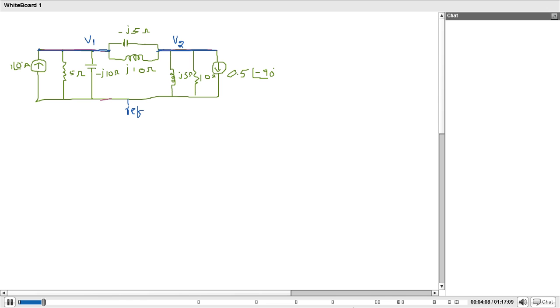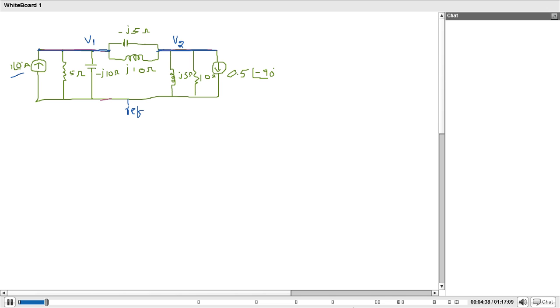One at an angle 0 on the left side, and similarly on the right side 0.5 at an angle of minus 90. For all AC circuits, you have to take one source as the reference, so I am taking 0 degrees as the reference. So totally 3 nodes are there: V1, V2 and the reference.